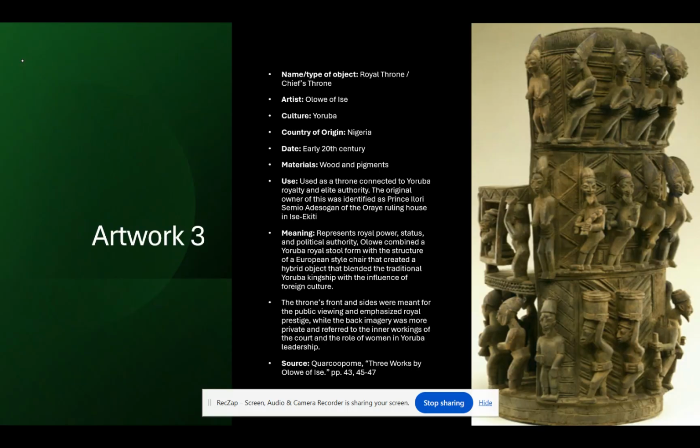The third artwork of Olowe, which he made for an African prince, is also known as the royal throne or chief's throne. It once again is an important piece for Yoruba culture in Nigeria and was made in the early 20th century from wood and pigments.